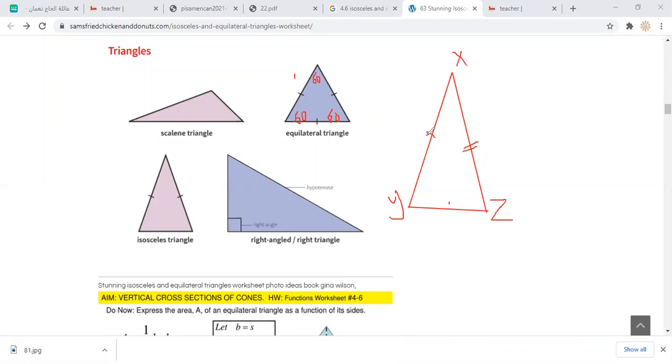So which angles will be equal in measure, Laura? You have XZ congruent with XY. So which two angles will be equal in measure?